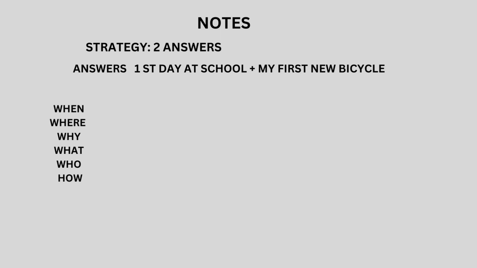And the 6 valuable tools, I've decided I'm going to try to use them in this order: when, where, why, what, who and how. Now obviously as you're talking you might want to rearrange them slightly, but you've got them written down there, so you're not going to forget anything, and that's the important aspect of that.